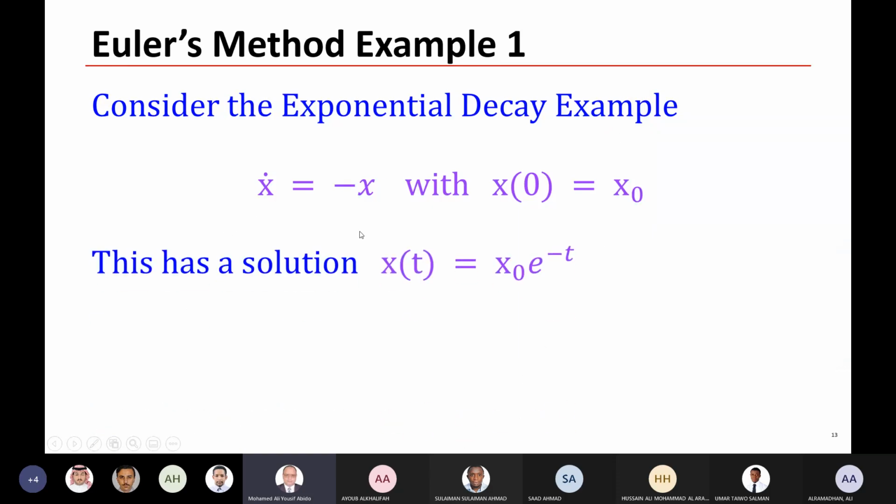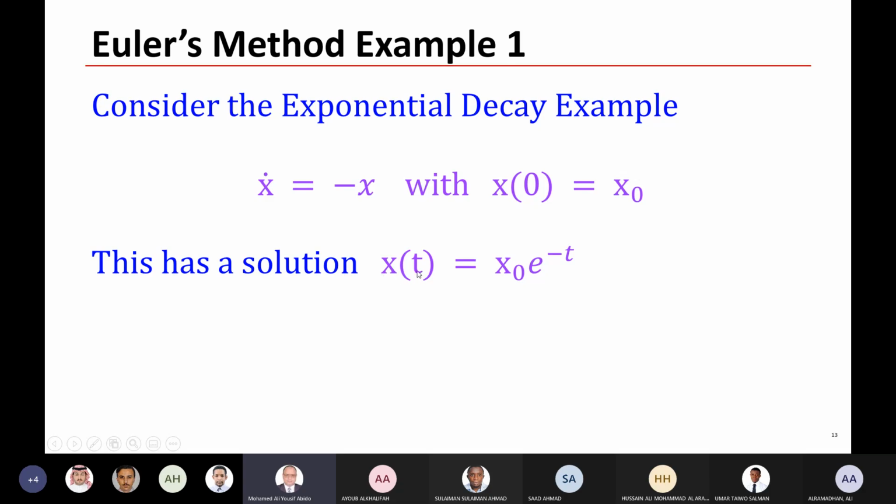In this very simple example, x dot equals minus x, and this has a solution of x of t equal to x0 e to the minus t. That's the solution here, x of t, and this is the exact solution, a closed form solution.